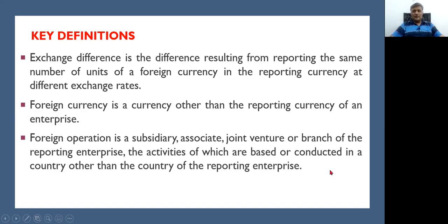But in either case, whether it's integral or non-integral, you need to convert a trial balance which is in the foreign currency into the reporting currency, and you will have some foreign exchange differences, and you need to record and treat them accordingly. So how do we do that? We have discussed it in a separate video on foreign branches under branch accounting. Please view it there.